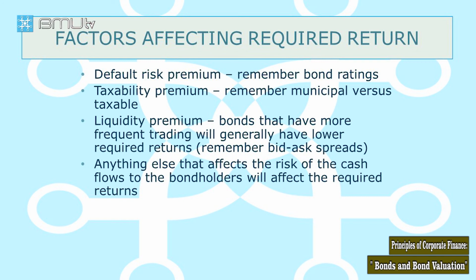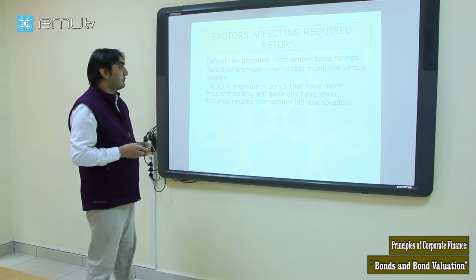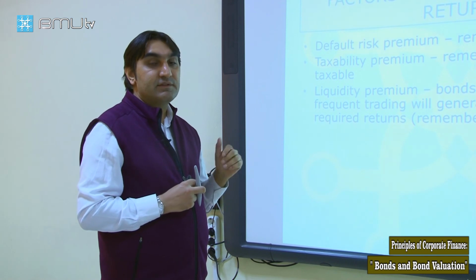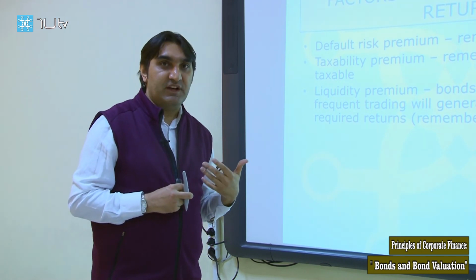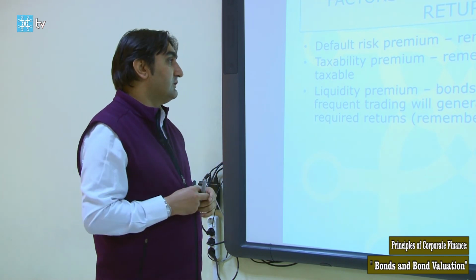Taxable means that on the yield to maturity we get as an investor, tax will be deducted on this return, so we will get it after tax. That's less than our yield to maturity. As an investor, we may want to adjust that premium on our yield to maturity.